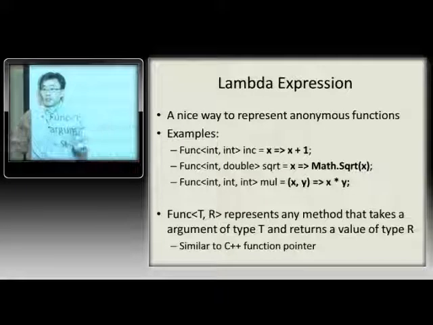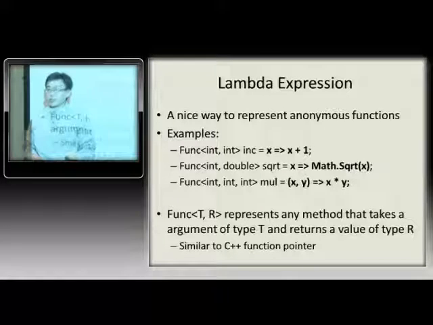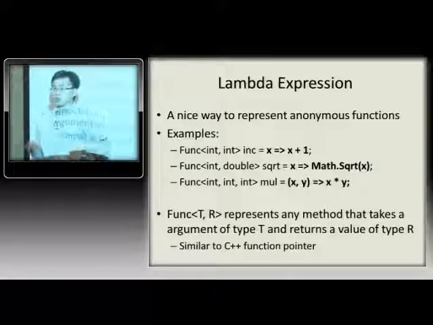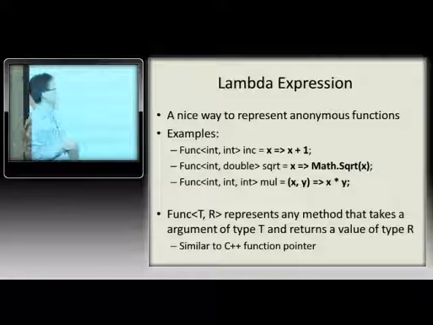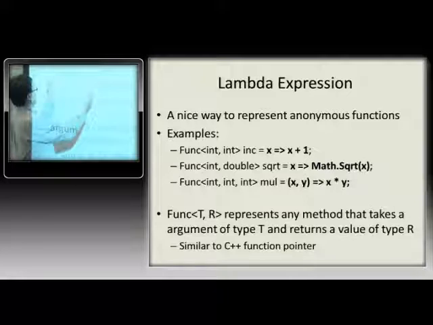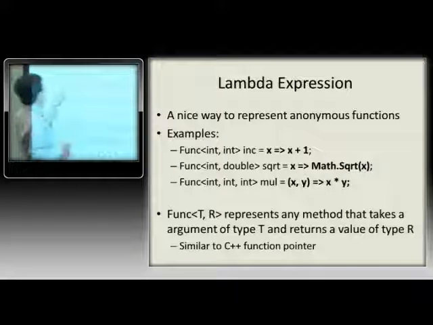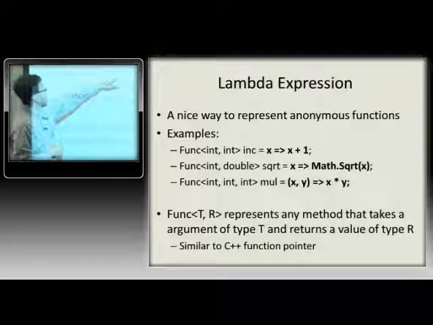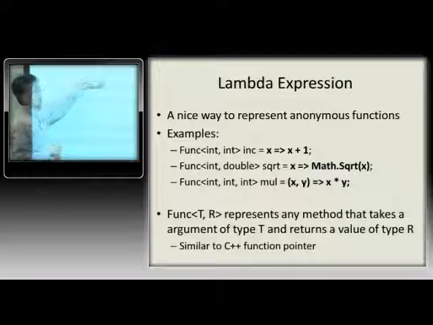I don't have a name, this is just a function. In the functional language literature, this is called a lambda expression. Here I say this is a function from integer to integer.